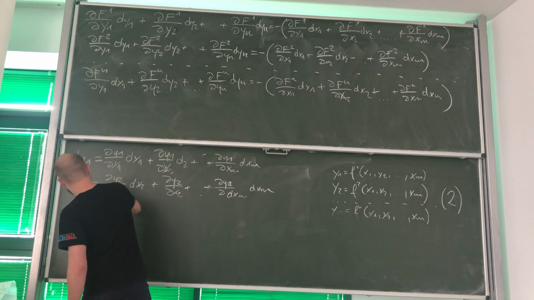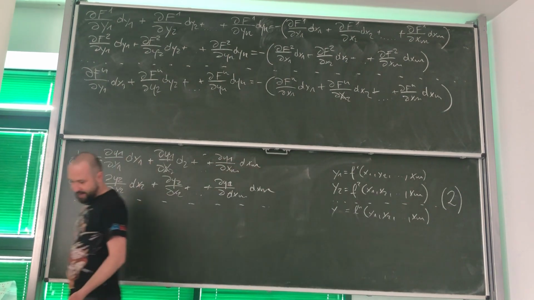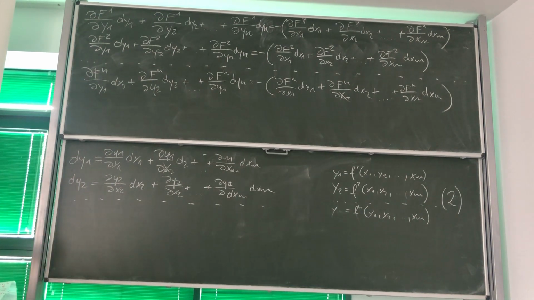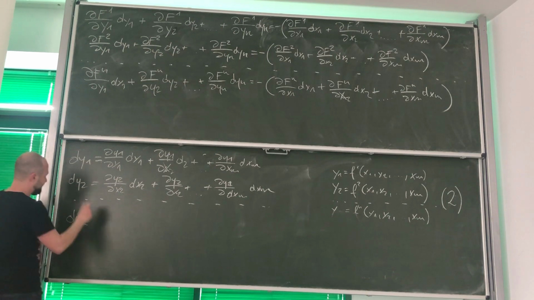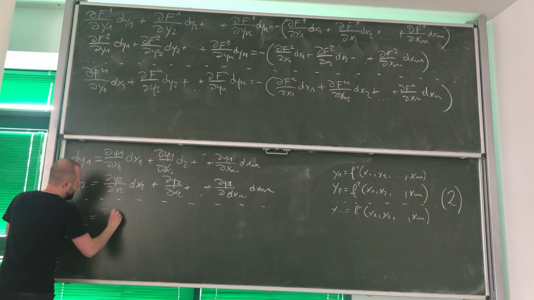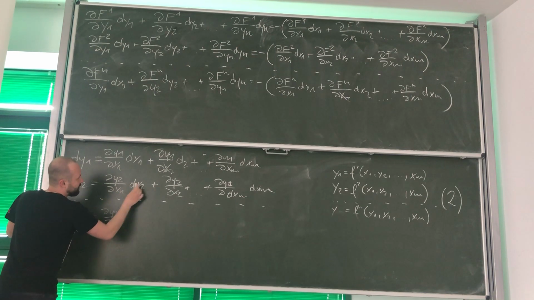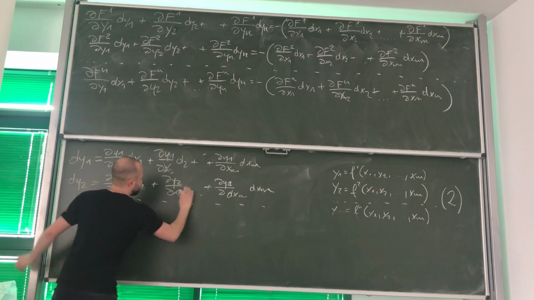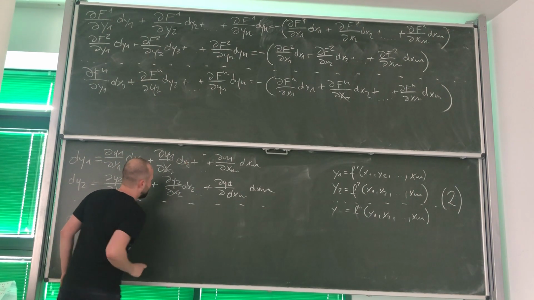And we can do it like that until we arrive at the very last equation. So now we will have dxn equal to dy and dx, 1 here, 1 and here dx2, dx2.